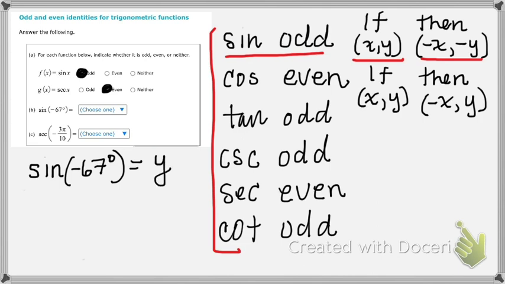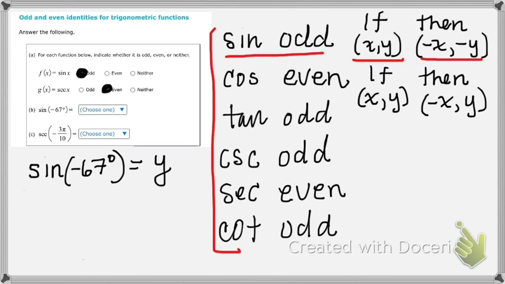Now what I've said up here for an odd function, in the upper right, is that for every x, y, it also has negative x, negative y. So for every point x, y, it's also going to have the opposite of the x and the opposite of the y.